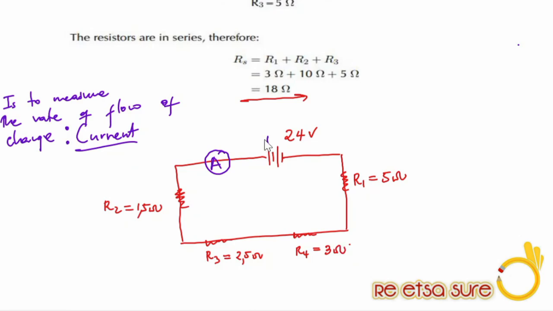Remember, we have a positive terminal of a battery and a negative terminal of a battery. The conventional current is the current that always flows from the positive terminal of the battery to the negative terminal of the battery. So meaning our current is the same throughout.